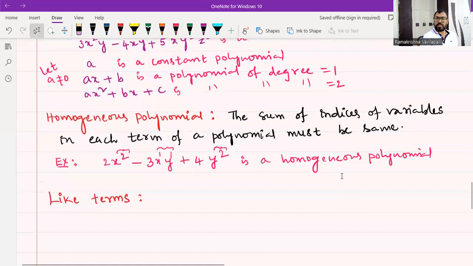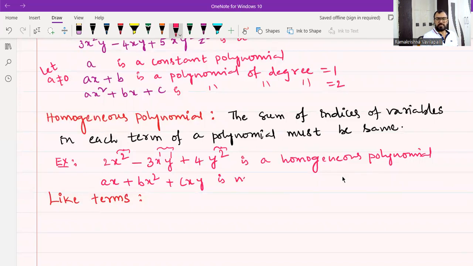Well, I'll give you another example. ax plus bx square plus cxy is not a homogeneous polynomial, because here the degree is 2, here the degree is 2, but here the degree is 1.